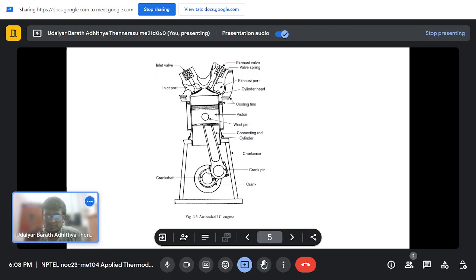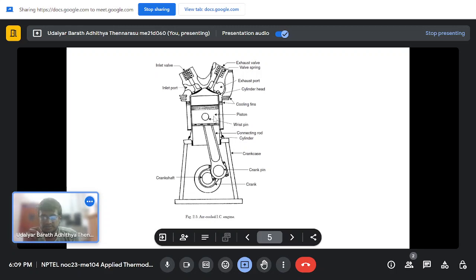The piston is connected with the connecting rod, a rod which is connected to the piston and to the crankshaft using a crank pin. The bottom casing where the crankshaft sits is called the crankcase, and you will have lubricating oil and other things there. The connecting rod is connected to the piston using the wrist pin or gudgeon pin.